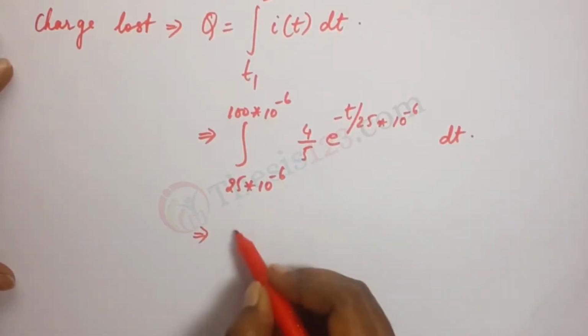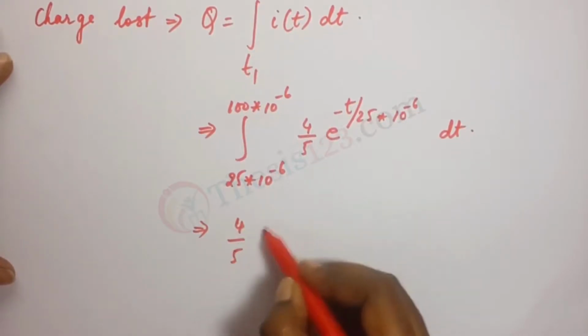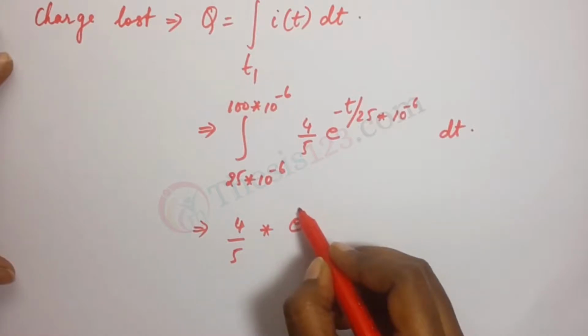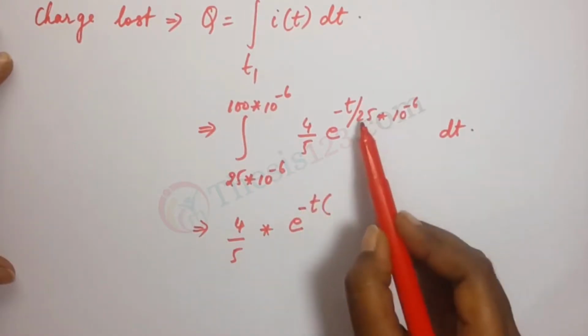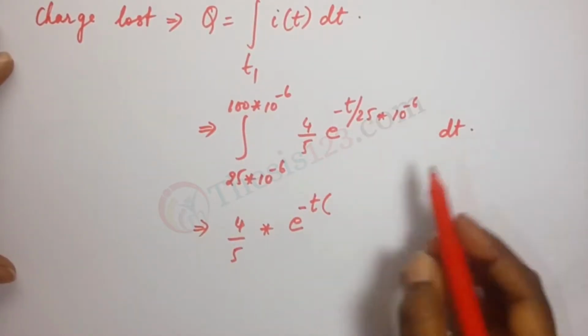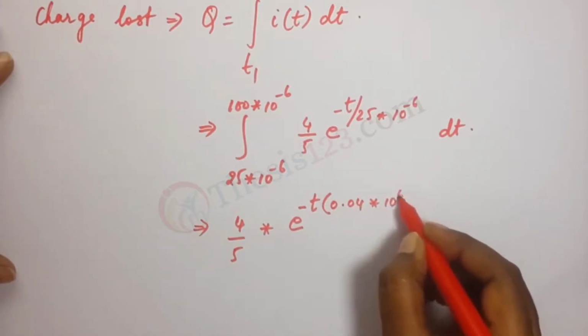Integrating, let's see what we get here. We'll get 4 by 5 into e to the power of minus t into, since this is 1 divided by 25 into 10 power minus 6, I'm just going to write it as 0.04 into 10 power 6.